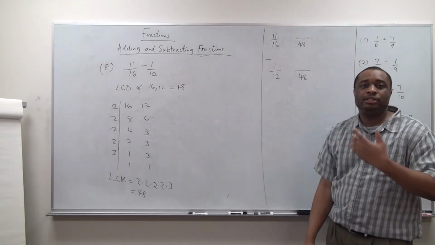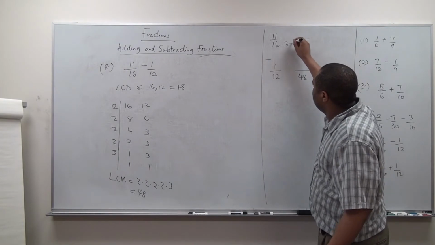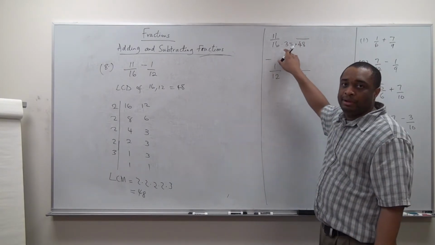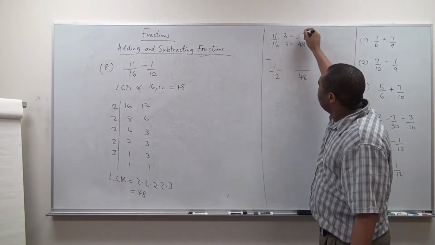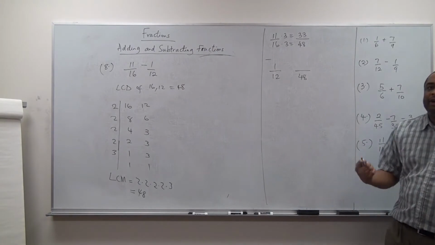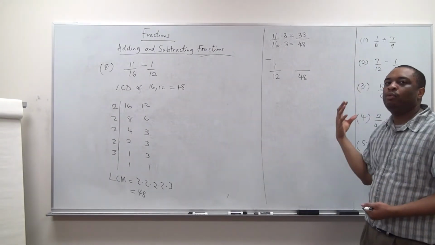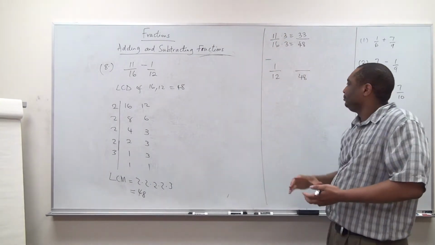If you just don't know, just do 48 divided by 16. Gives you times 3. Whatever you do to the denominator, do the same thing to the numerator. Times 3 gives you 33 over 48. 33 over 48 is the equivalent fraction of 11 over 16.